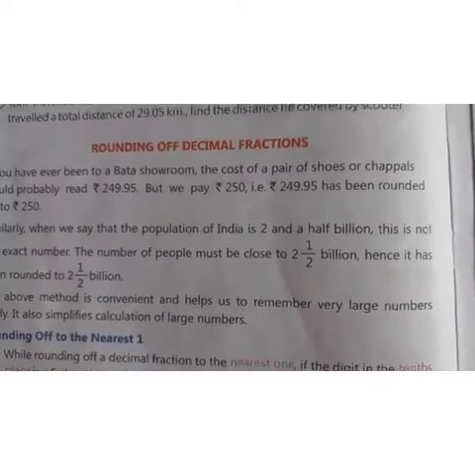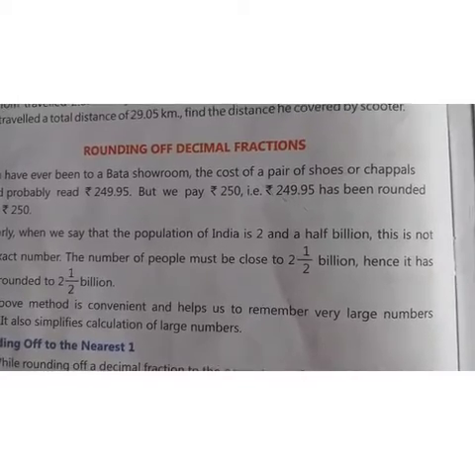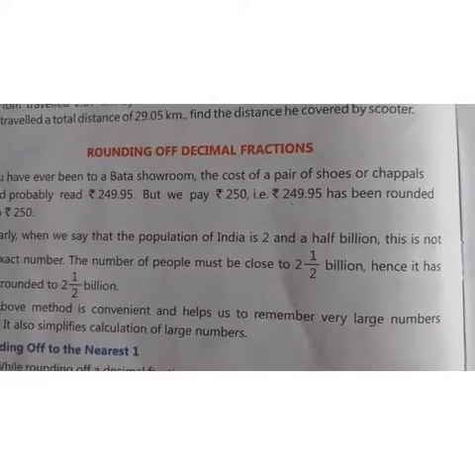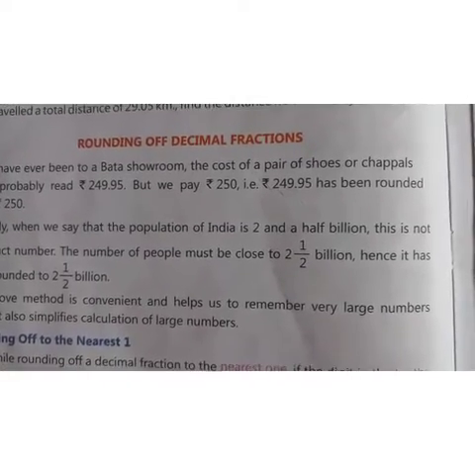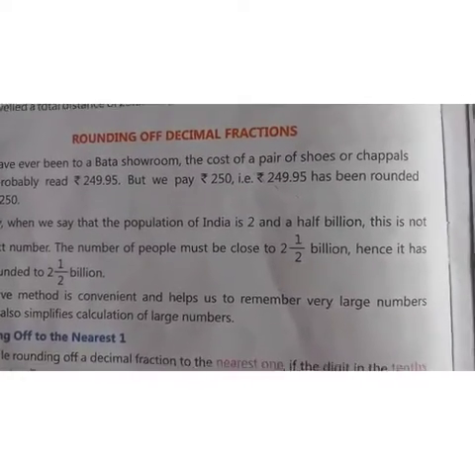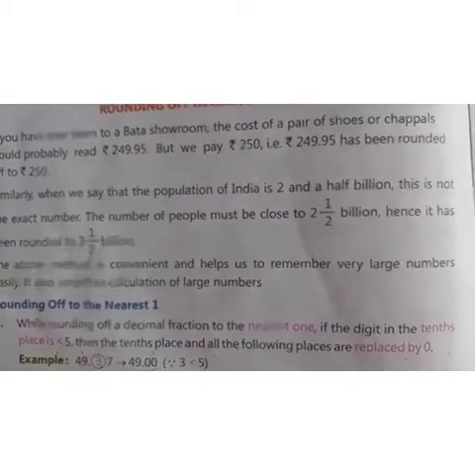So do we pay that 0.9 or a complete amount of 250, 150, 200, and so on? Yes, we pay a complete rounded off figure, isn't it? So today let us study how to round off the given decimals.